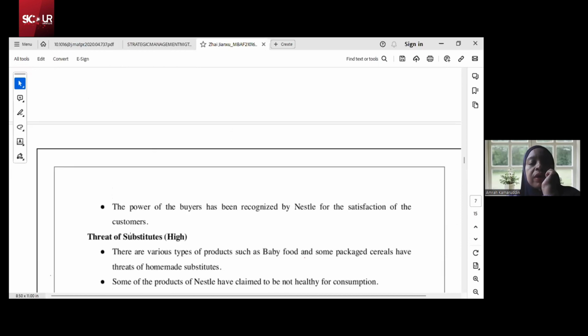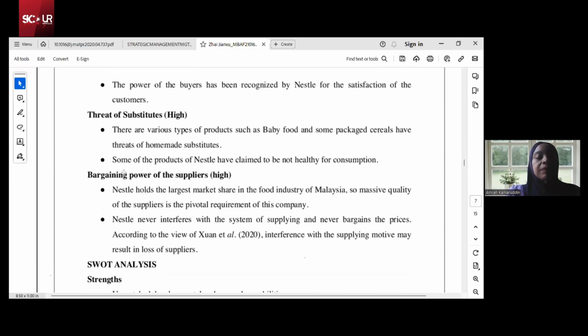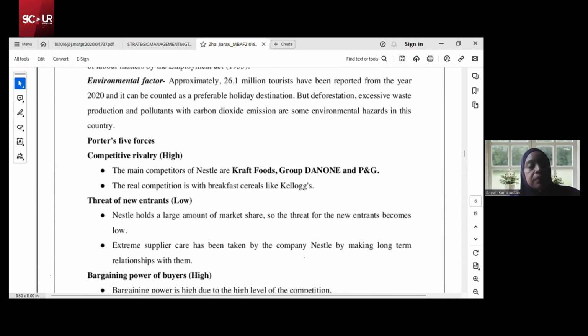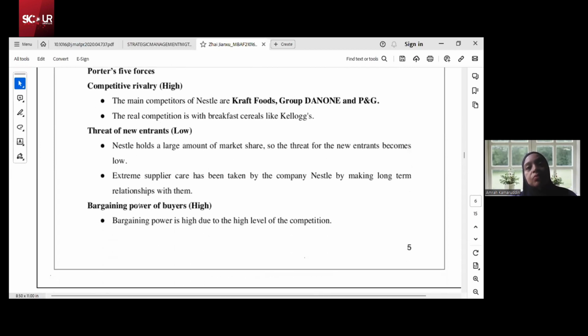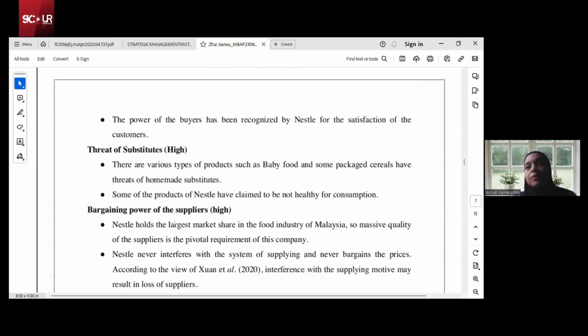Writing something like 'hold the largest market share', for example, with a point like this, sometimes I definitely will not understand what you are trying to explain. If you put in very brief words, I will not understand what you're trying to explain. Like this is okay, I'm okay with it.